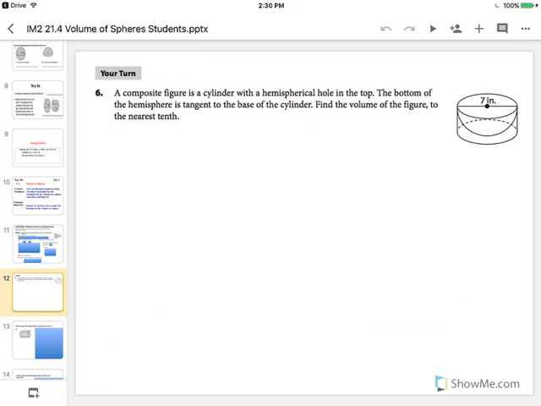Okay, so for number 6, a composite figure is a cylinder with a hemisphere hole in the top. The bottom of the hemisphere is tangent to the base of the cylinder. Find the volume of the figure to the nearest 10. So for this one, first find the volume of the cylinder and minus the volume of the hemisphere.